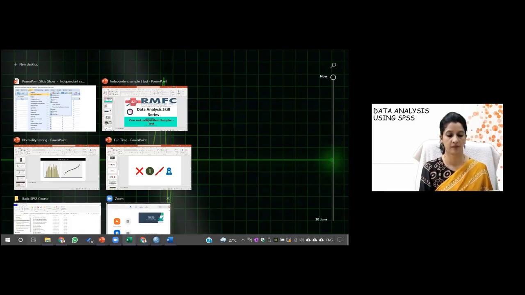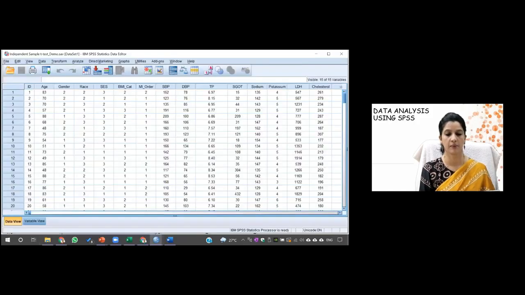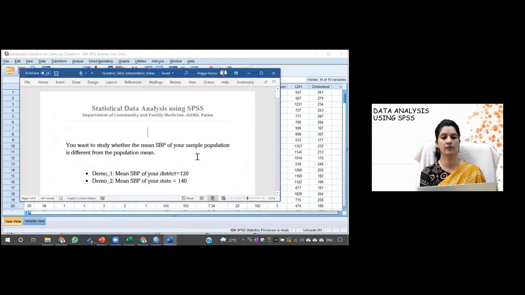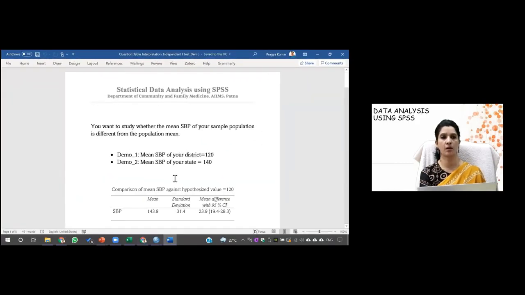First, this is my independent sample t-test file, and the question I have to test is this demo question: I have to check whether the mean systolic blood pressure of my sample population is different from the population mean or not.